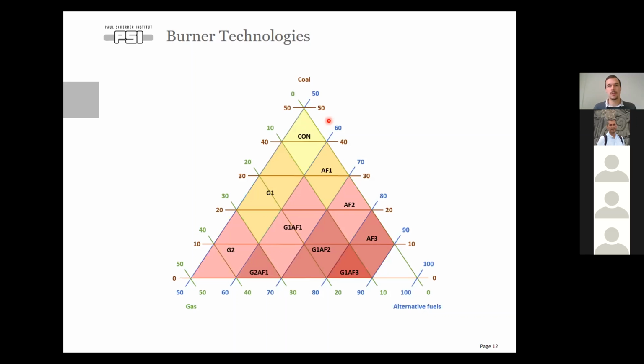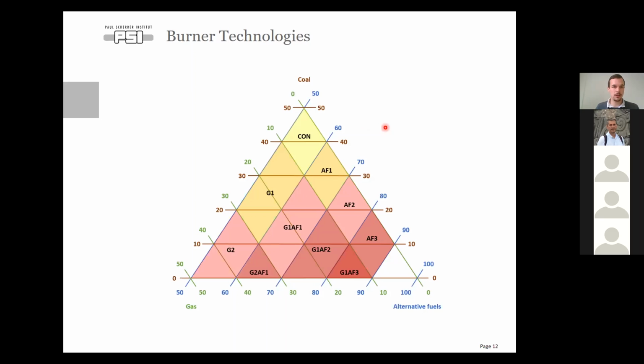And what we have done in our model is that we give the model the opportunity to invest in different directions. It can substitute coal by gas. It can substitute coal by alternative fuel to a maximum degree of 90%. Or it could choose something in between.